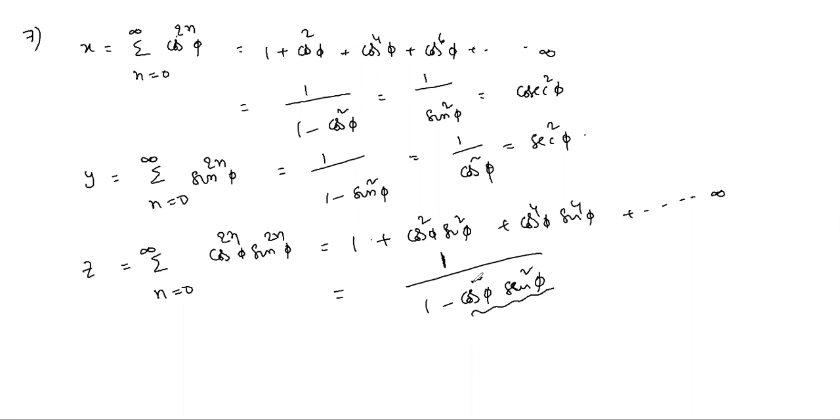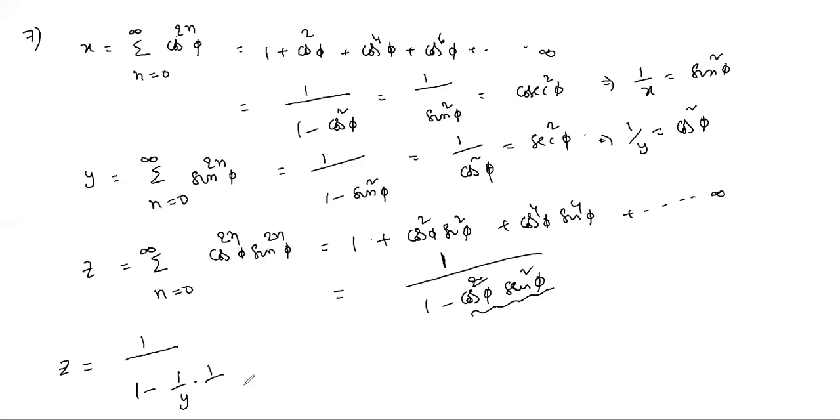Now you have to write those values. x equals cosecant square phi, so 1 by x equals sin square phi. Similarly, 1 by y equals cos square phi. We write the value here: z equals 1 by 1 minus cos square phi sin square phi, which you can write in terms of 1 by y and 1 by x.